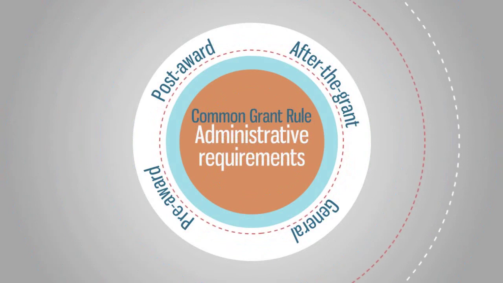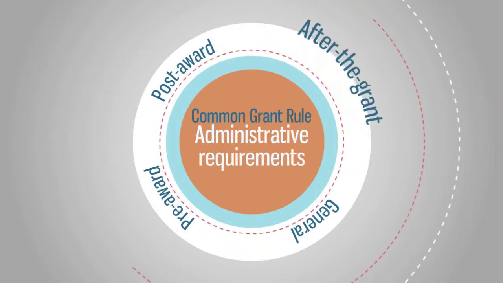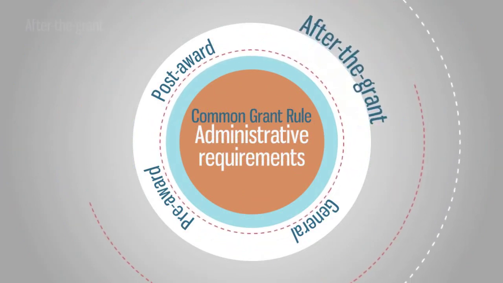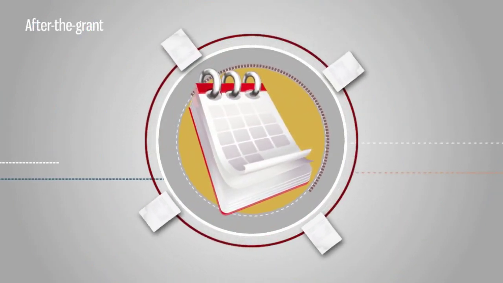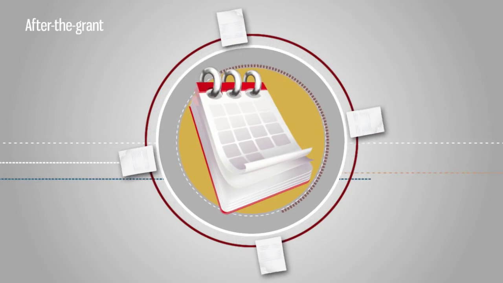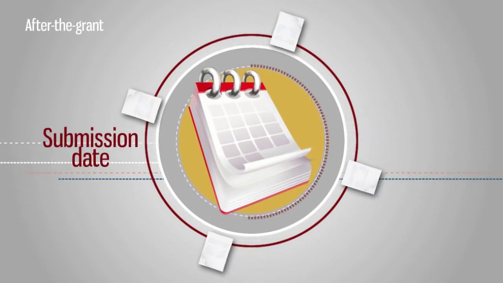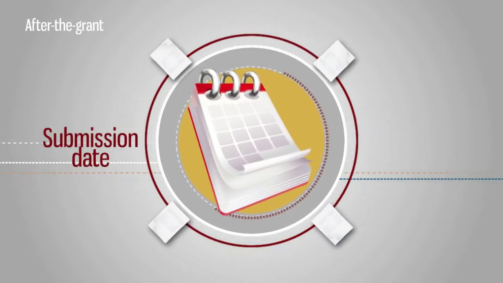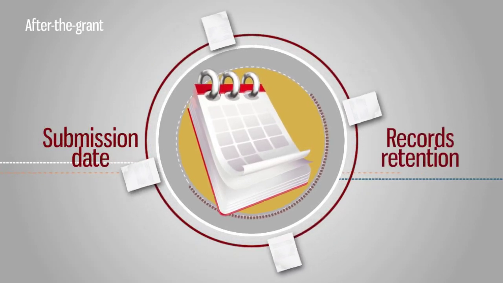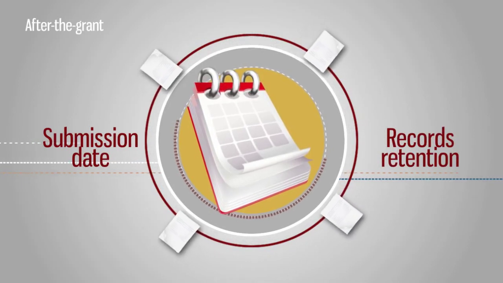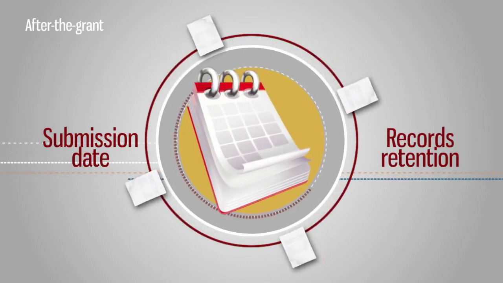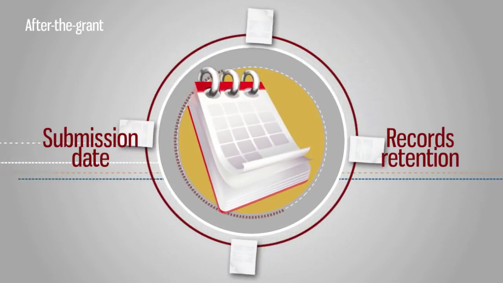Once the work on the project is completed, the after-the-grant requirements apply. After the grant requirements include the project closeout once the final voucher has been submitted. You should note the submission date of the final voucher because this date marks the beginning of the records retention period. Some projects slip into an inactive status because they are not closed out in a timely manner.